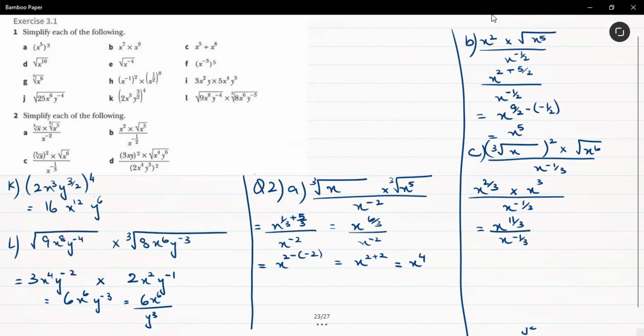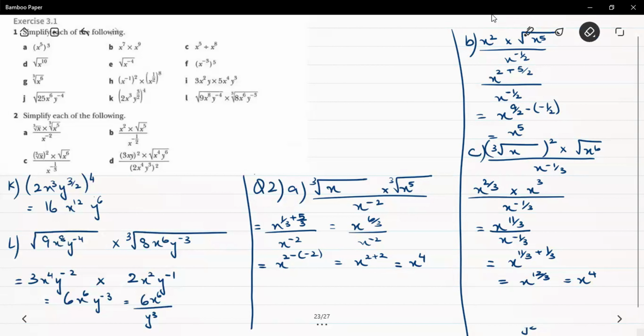Again, as you know, as they're both being divided, we're going to say x to the power 11 over 3 plus 1 over 3, because in the denominator, this has a negative sign. So when this has a negative sign, it goes up and it multiplies by negative, and it again becomes positive. So that's going to give me x to the power 12 over 3, and that is equal to x to the power 4. That is our answer for part C.